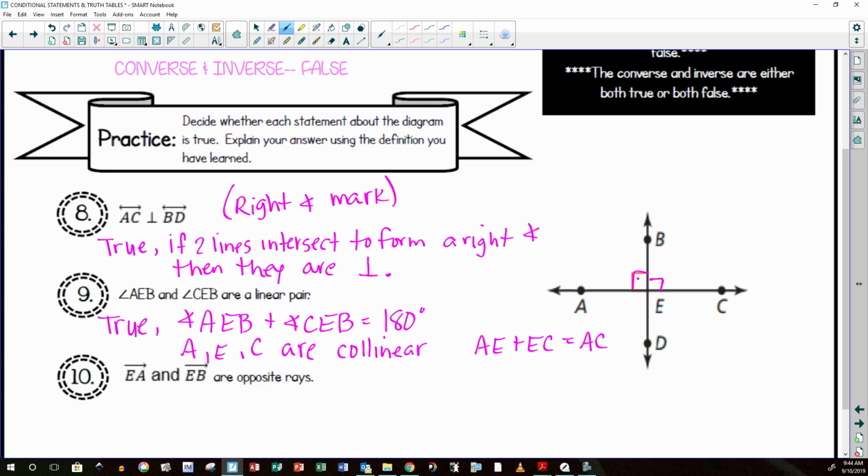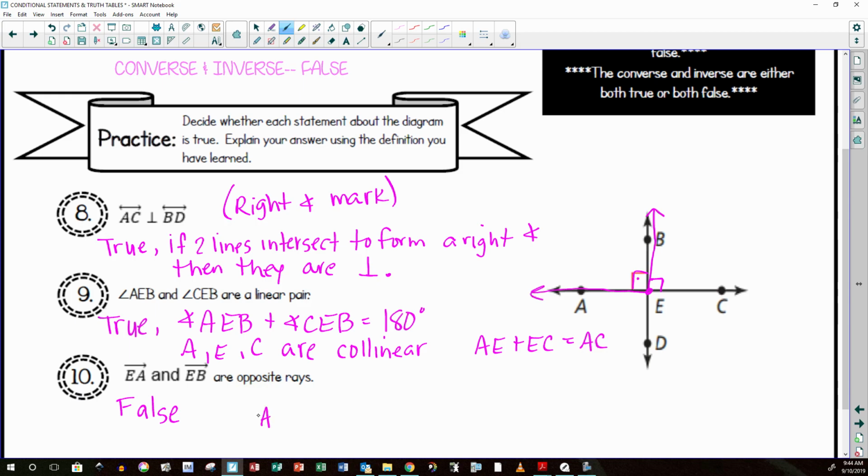And then the last one says ray EA. So ray EA, so EA is going this way, and ray EB are opposite rays. This is false. They're not opposite rays because one is going to the left and one is pointing up. To be opposite, they'd have to be collinear.